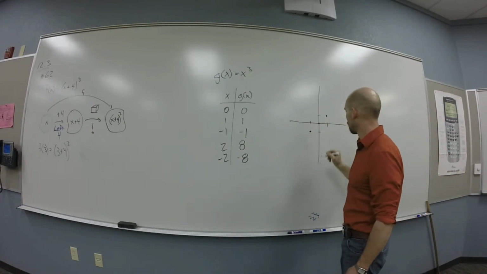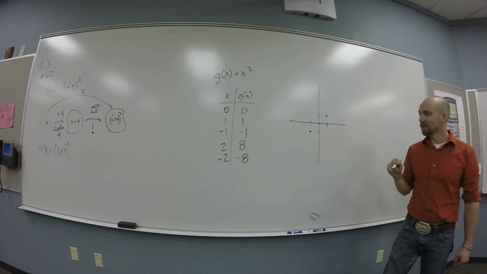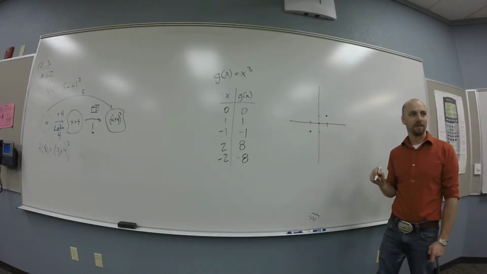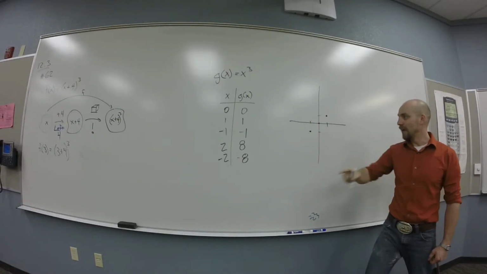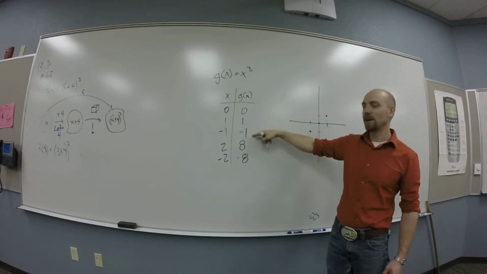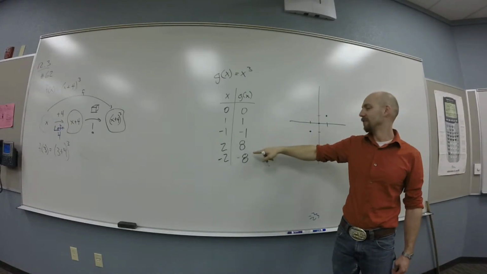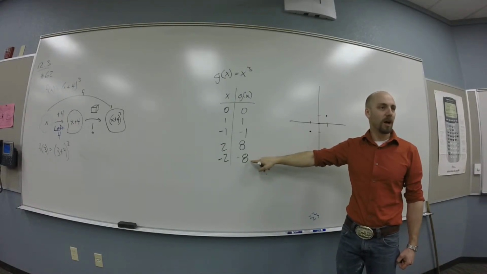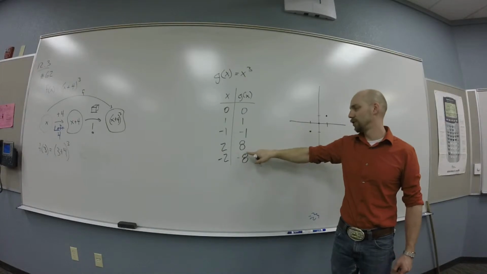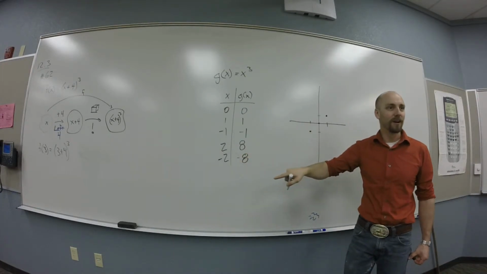Okay. That looks like a line, right? Is this a fancy line? Yeah, so these three happen to be on a line, right? These two? Not so much, right? If they were on the line, they'd be at 2, 2, and negative 2, negative 2.